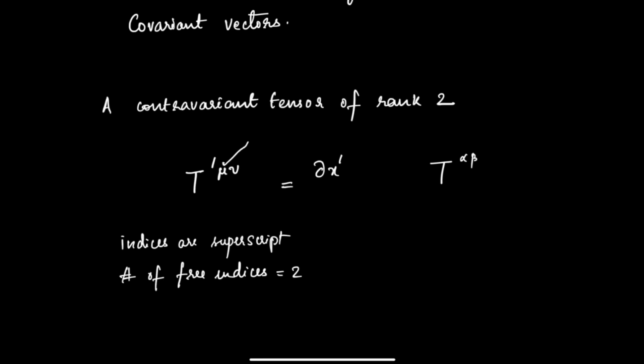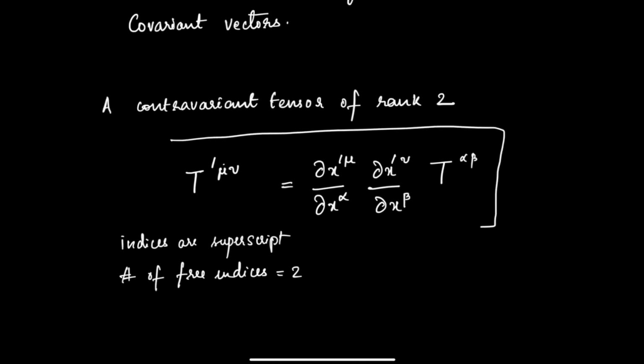So how will this mu transform? Partial derivative of x prime mu, and this mu is transformed into alpha here. So I'll write partial derivative with respect to x alpha. Now for the next index, here it is nu, and nu is transforming into beta, right? Partial derivative of x prime nu with respect to x beta. So this is how you write the transformation rule for a contravariant tensor of rank 2.